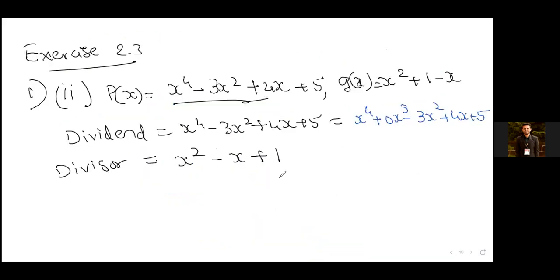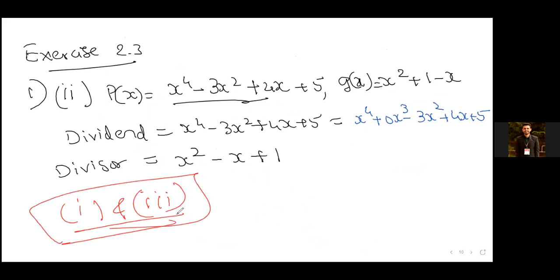The rest of the two, that is the first one and the third one, are homework for you. They are of a similar kind. You need to find out the quotient and the remainder. I'll give you the answers. For the first one, you obtain quotient as x minus 3 and remainder as 7x minus 9.